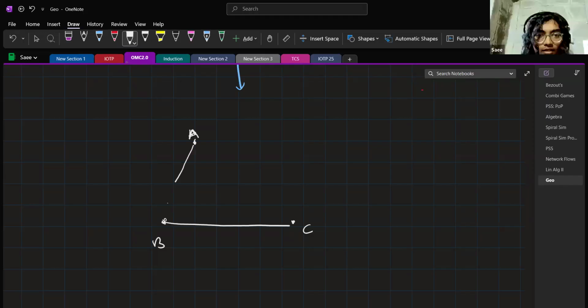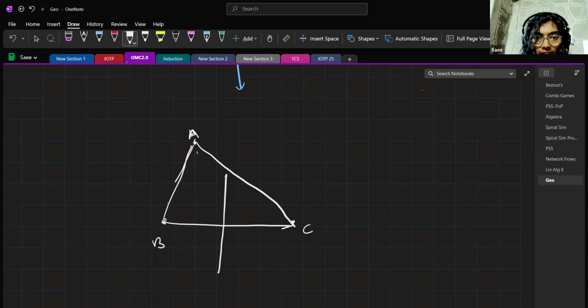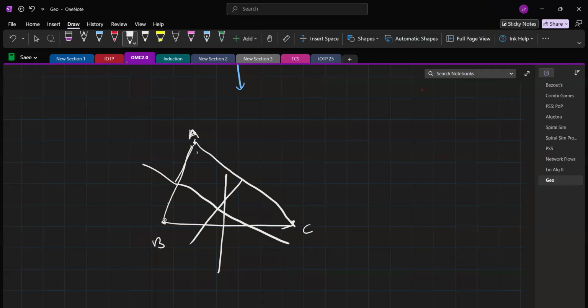Okay, so what is that going to be? The center, the circumcenter. Okay, so let's consider this perpendicular bisector, and this perpendicular bisector, right? Now, what is going to be the center? The intersection of all the perpendicular bisectors.